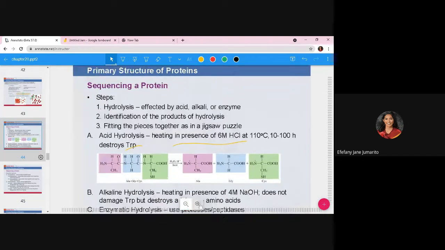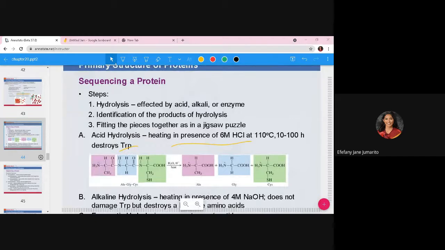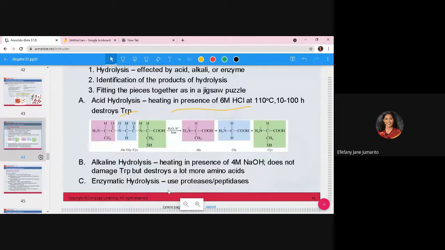Then we have also the enzymatic hydrolysis. It's the use of proteases or peptidases. So enzymatic hydrolysis, again, enzymes help break or cleave those bondings in order for it to convert into a smaller one.